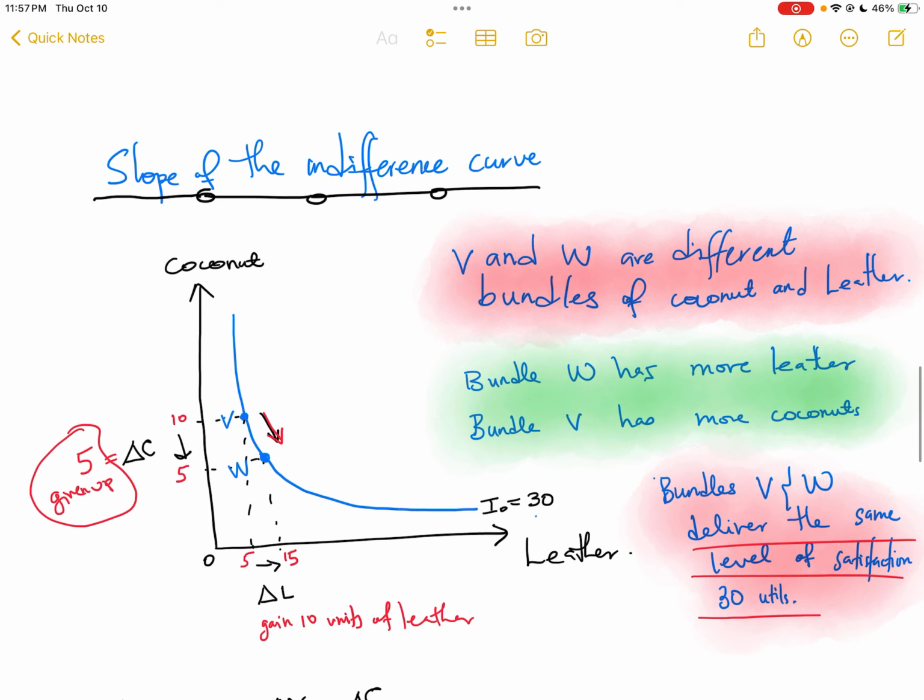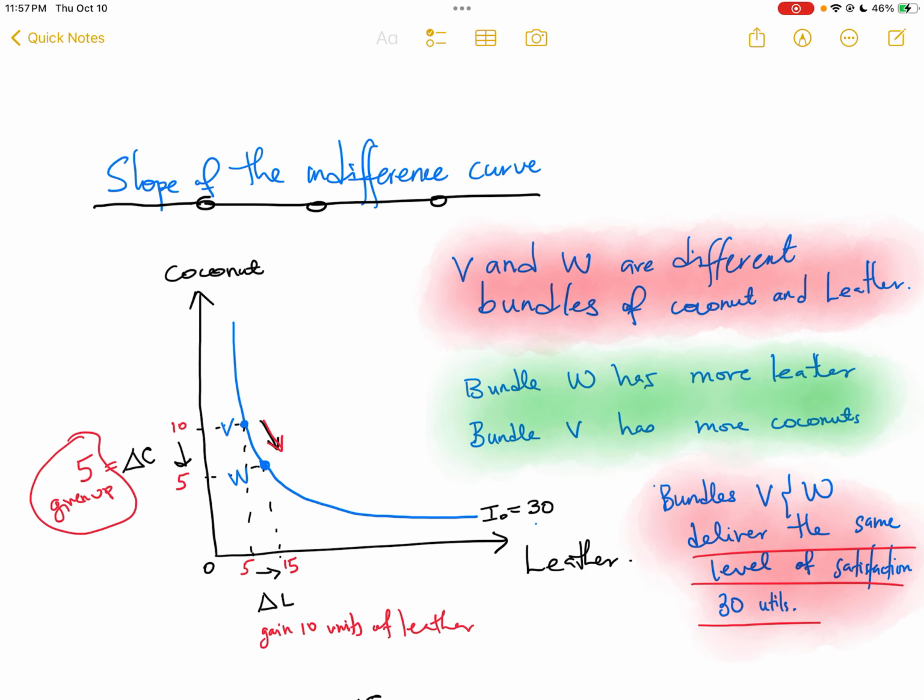I'll take that again. The movement from bundle V to bundle W, we gain 10 units of leather and we lose 5 units of coconut. We have just exchanged bundle V for bundle W.